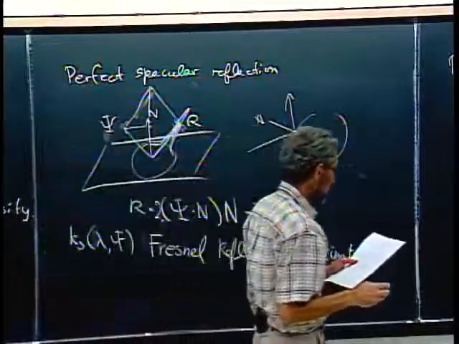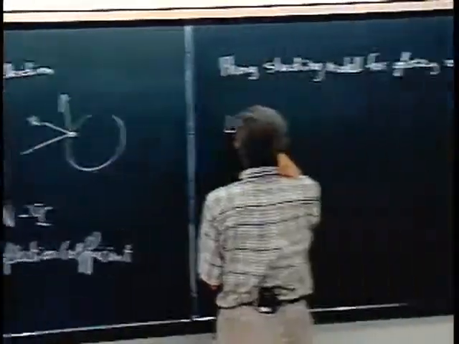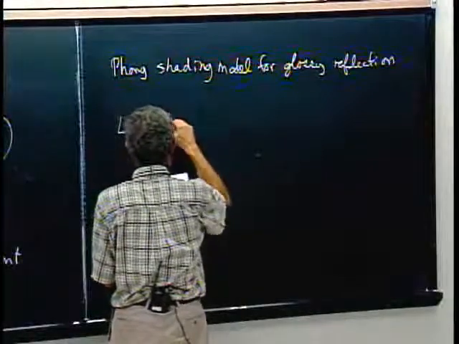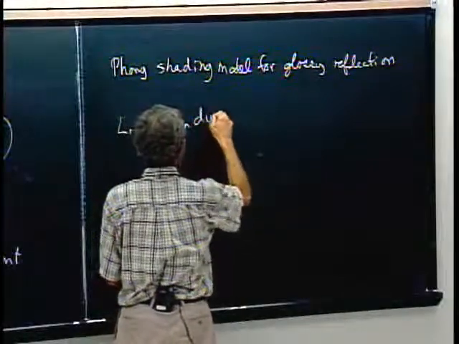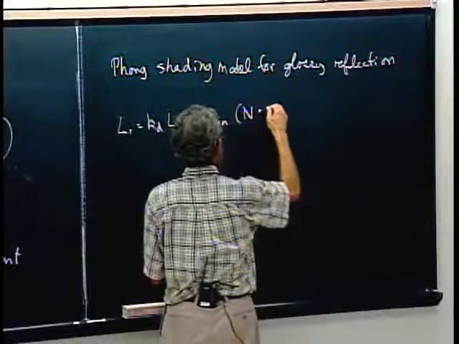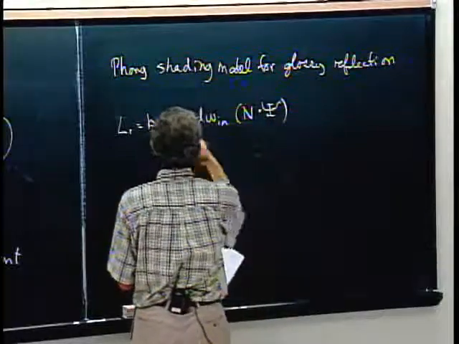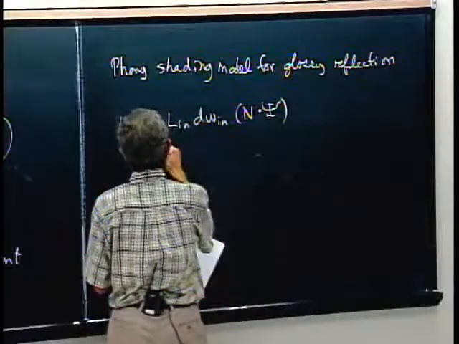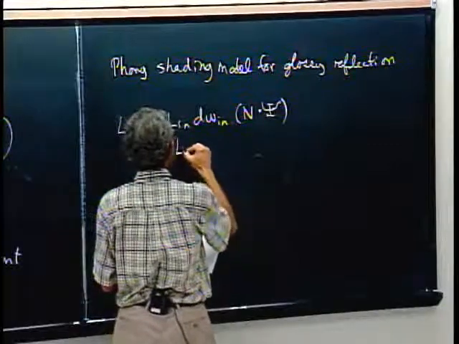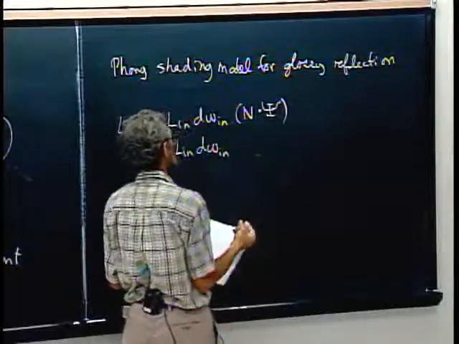And so what he said is, let's take the reflected direction is this kd times the L in dω n dot ψ. That's the diffuse reflection. And he wanted to add on another term, ks, times the same, I've been calling it intensity in, radiance over solid angle.